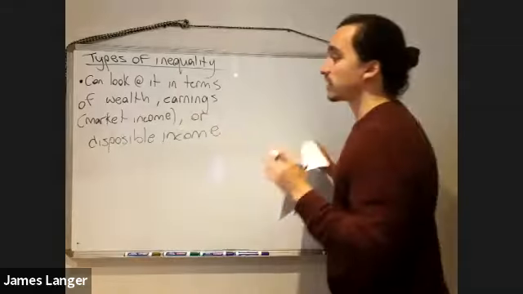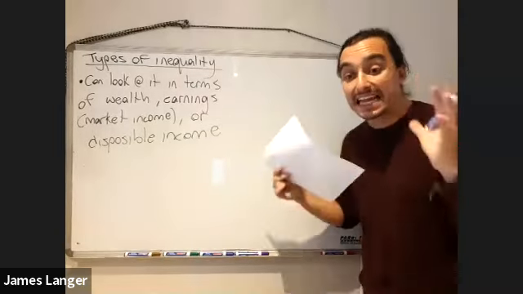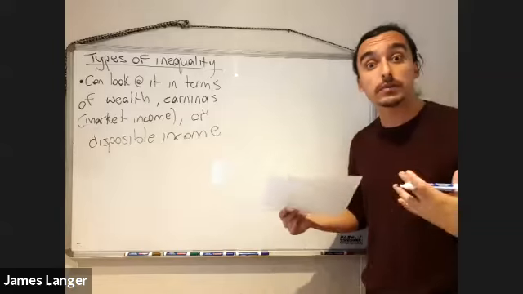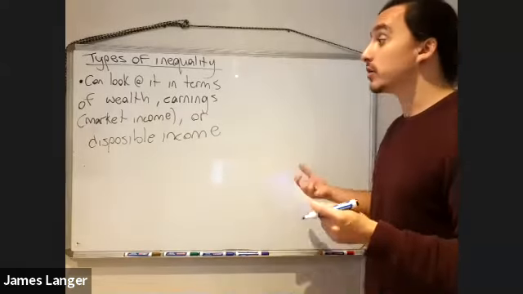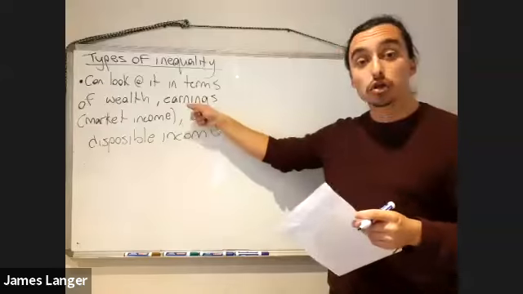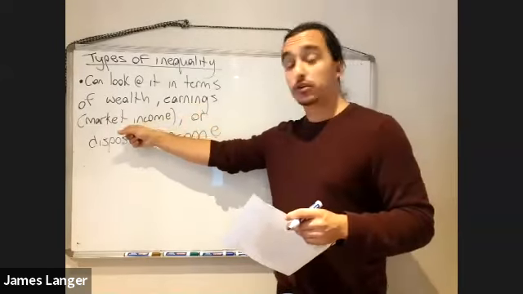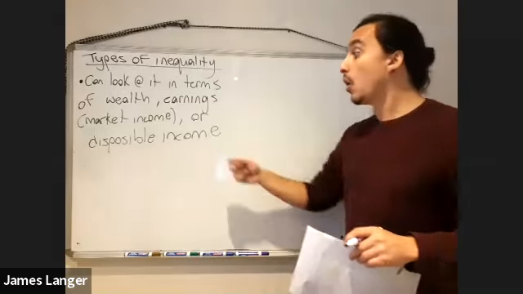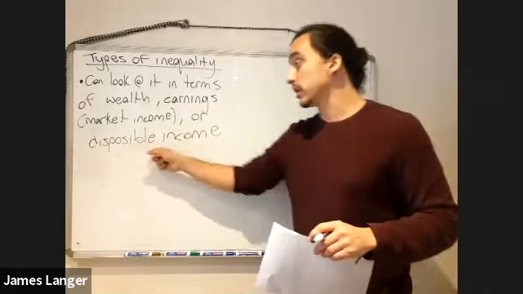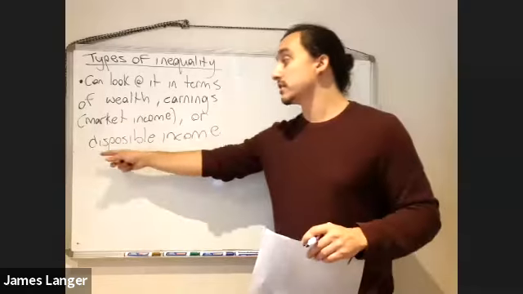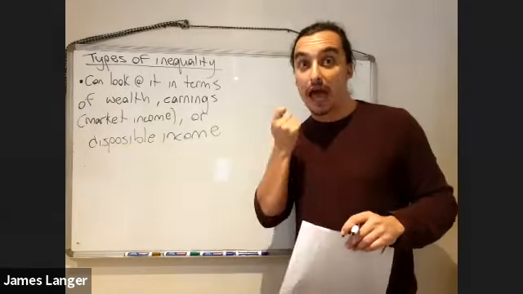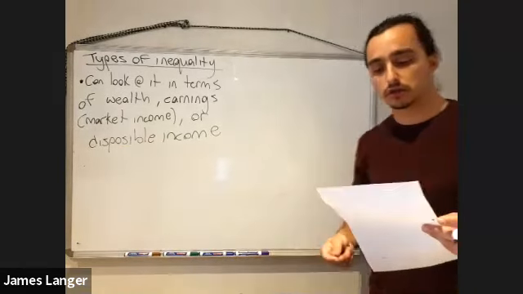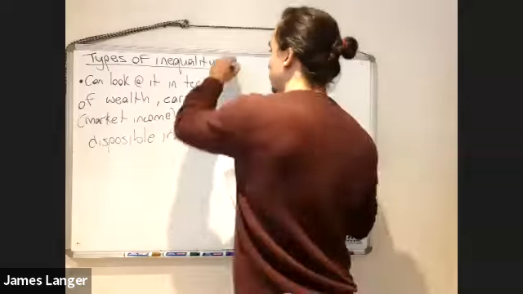So we've got different lenses, different measurements that we can use. Those could be wealth, or total earnings, in other words, how much value does someone create? What is their total market income before taxes? Or we could be looking at disposable income, which gives us a better understanding of how much money people actually have at their disposal. So that's just one thing to note here.